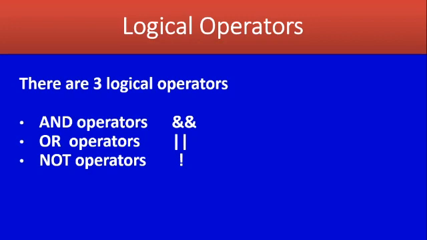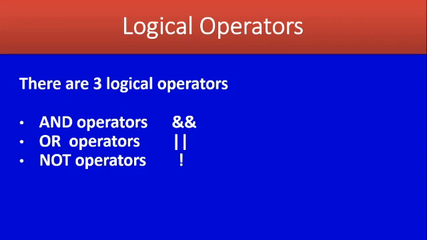There are 3 logical operators. The first one is the AND operator, the second is the OR operator, and the third is the NOT operator. The symbol for AND is two ampersands, the symbol for OR is two bars, and the symbol for NOT is the exclamation mark. These are used for electric circuits, logic circuits, which take one or more input signals and produce one output.